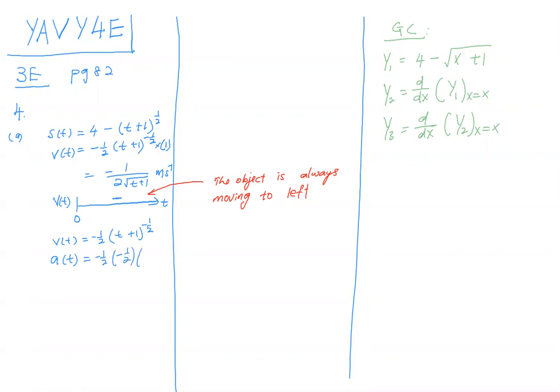Copy down the whole thing. Power take away 1. Times by the derivative of whatever is inside. So it becomes 1 over 2 times 2 is 4. And this power half means square root. Then after that, you cube it, if you want to write it like that.